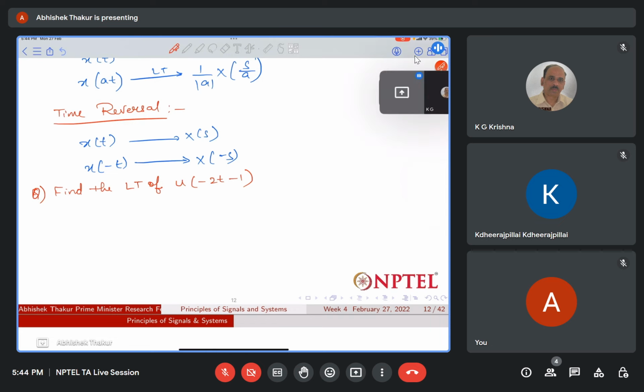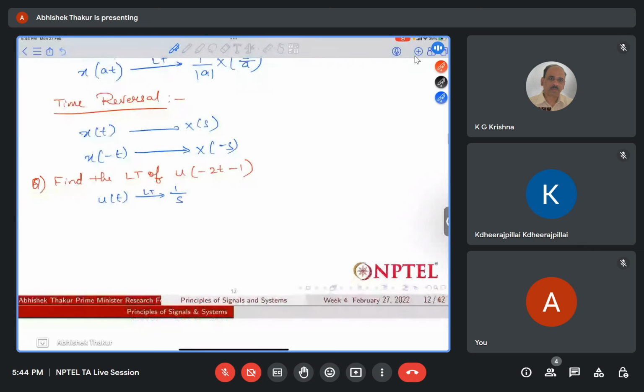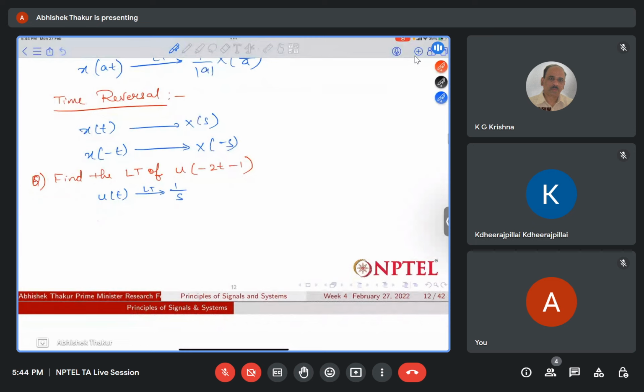So we'll start with the basics first. We know that the Laplace transform of u(t) is 1 by s. So we'll start from here and we will use all those properties. So first we will do time scaling, that is the Laplace transform of u(2t).